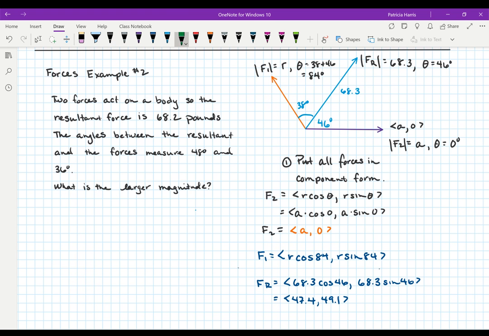So if I recall, the resultant force is equal to the sum of the two forces acting upon it.